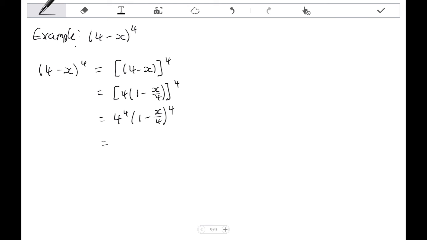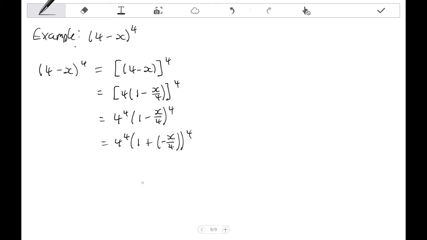And then I rewrite this as 4 to the power of 4, 1 add bracket minus x over 4 to the power of 4. Now we can see that we can use the expansion for 1 add x, and all we have to do is use the exact same expansion, but every time we would have written x, we now have minus x over 4.